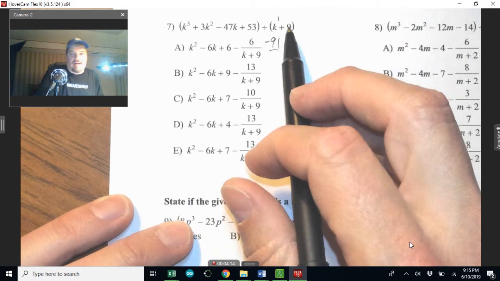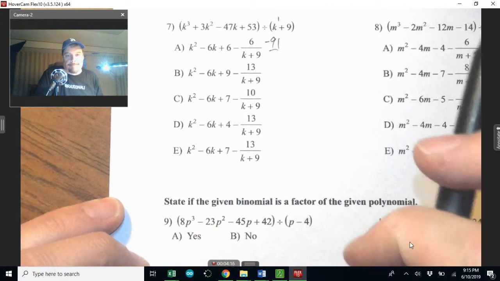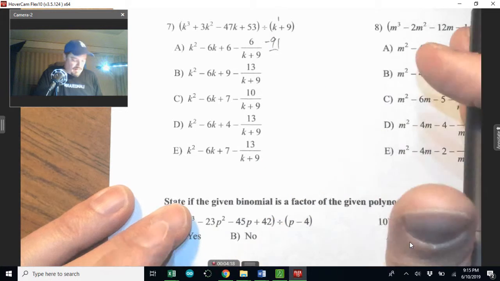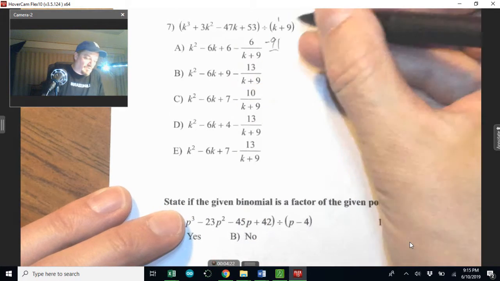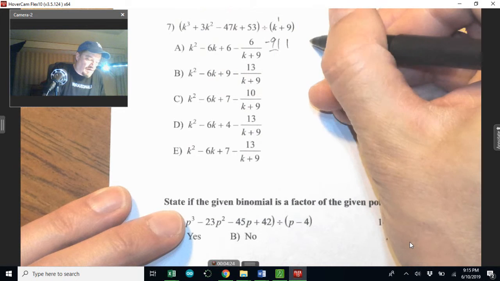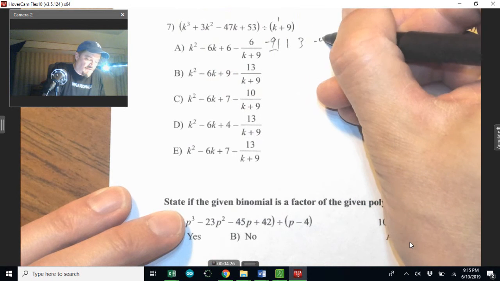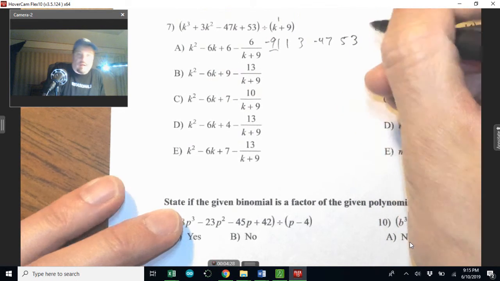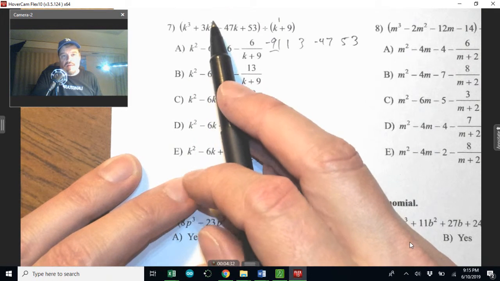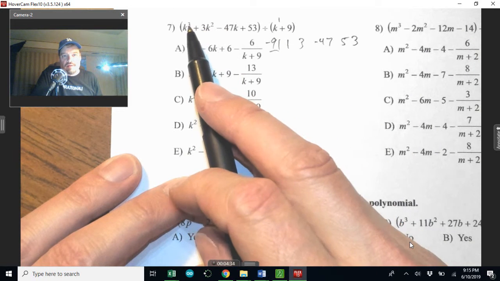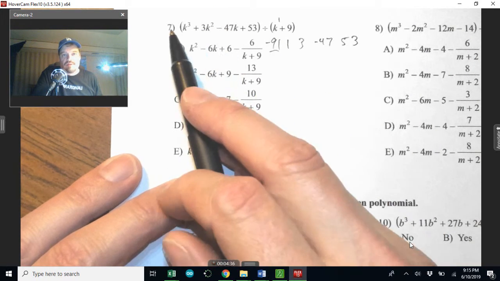So I always put the opposite sign here. Okay? So I will put the opposite sign here. And we're going to label the coefficients 1, 3, -47, and 53. Now there are no terms with k that are missing an exponent, like 3, 2, 1, 0. So it's all in order.